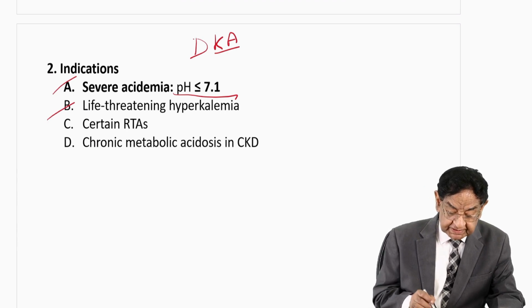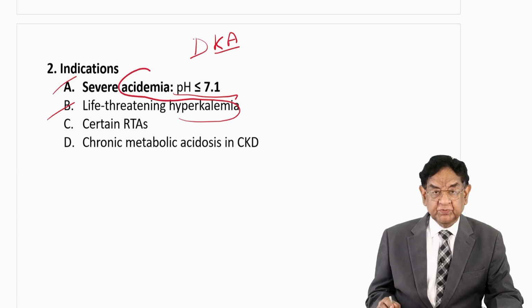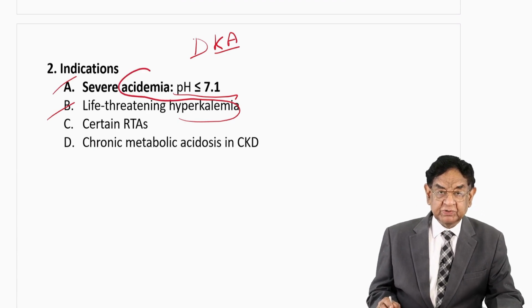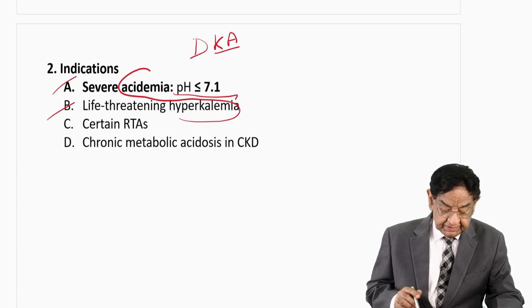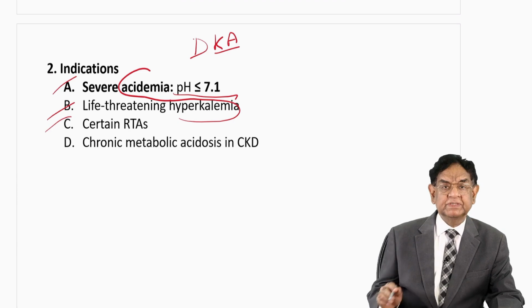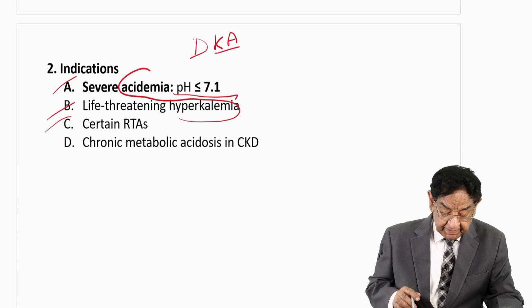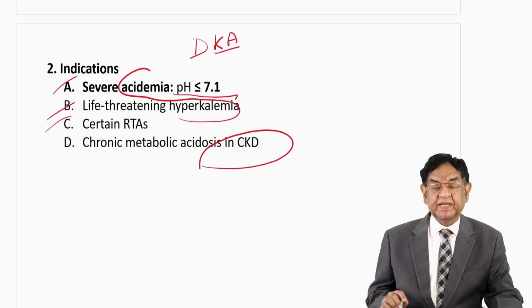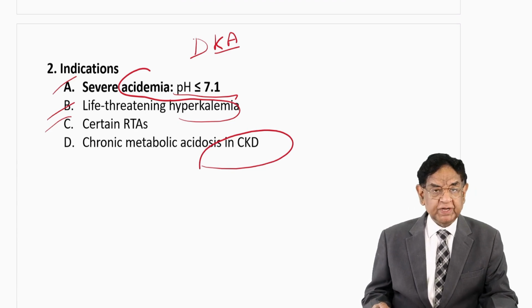Again, normally severe acidemia is associated with hyperkalemia, so when we are treating acidosis, hyperkalemia also gets corrected automatically. Certain renal tubular acidosis, type 1 and type 2, that's the main therapy. And chronic metabolic acidosis in CKD, chronic kidney disease: in some cases we can use soda bicarb, but not in all the cases.